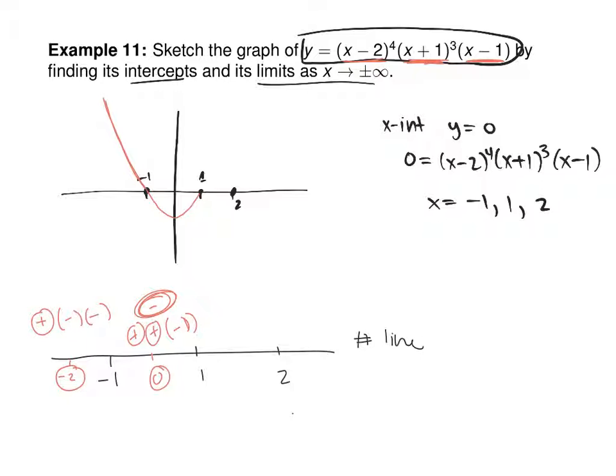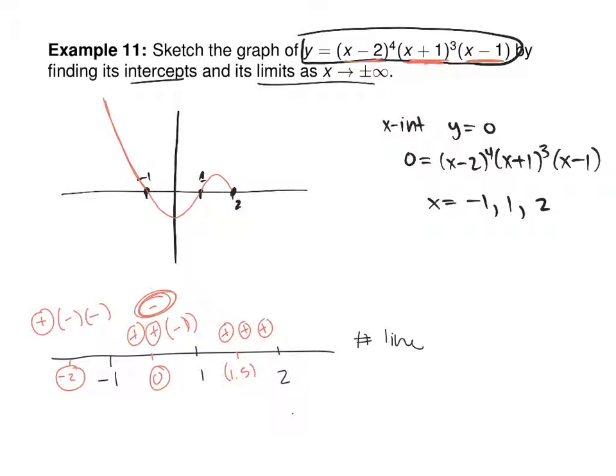Between 1 and 2, good test point? 1.5. The first factor is always positive, isn't it? Because it's raised to the 4th power. The next factor is also positive. The next factor also positive. So between 1 and 2, your function will be positive.